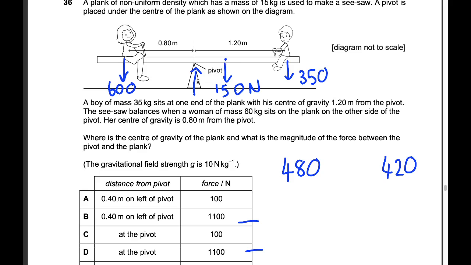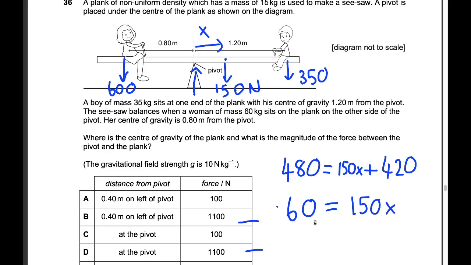So it's whatever this 150 newtons is times this x. So we kind of cancel some out and say it's on the left, but let's work out x first. So 150 times x plus 420. Okay, so if I take away the 420, I can say 60 is equal to 150x.